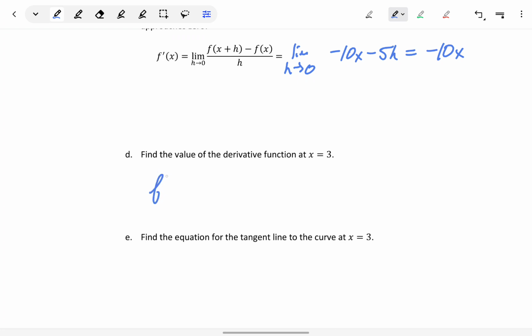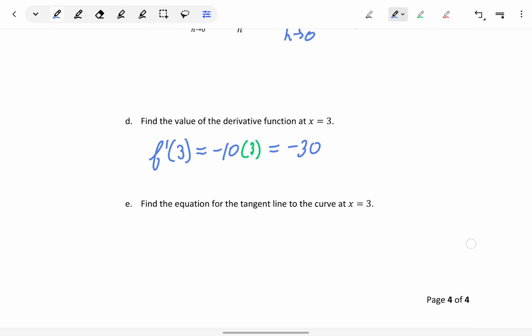That means we want to find f prime of 3, where f prime is that notation for the derivative, and we found that derivative function in part C. So to evaluate this, we'll take x equals 3 and plug it into that derivative function to get negative 30, where negative 30 is the instantaneous rate of change of our function at the point x equals 3. And we could continue to find the instantaneous rate of change for other points by plugging in other values.